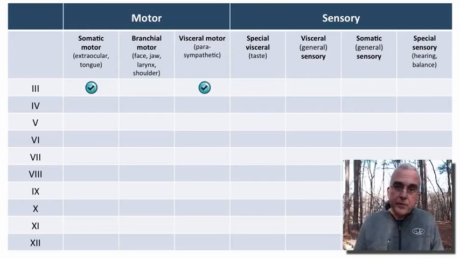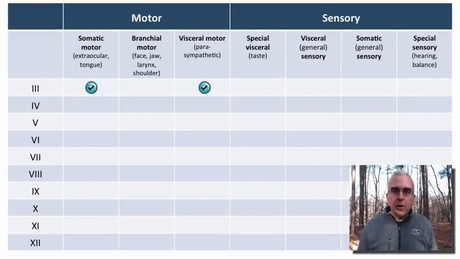The somatic motor function of nerve 3 concerns the outflow to the orbital muscles that move the eyes, and also to a muscle that elevates the eyelid. On the visceral motor side, the outflow through the third nerve is a parasympathetic preganglionic outflow that's involved in constricting the pupil. We'll come back and talk more about that when we consider the pupillary light reflex.